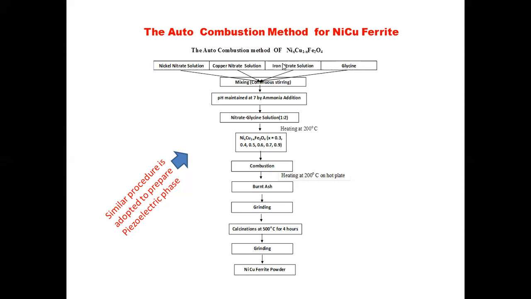Then this mixture of metal nitrate solutions, which is in the 500 ml beaker, is poured into the glycine solution, which is the fuel, in the 1000 ml beaker. So now all the solutions are mixed together, that means metal nitrate solutions and the glycine.